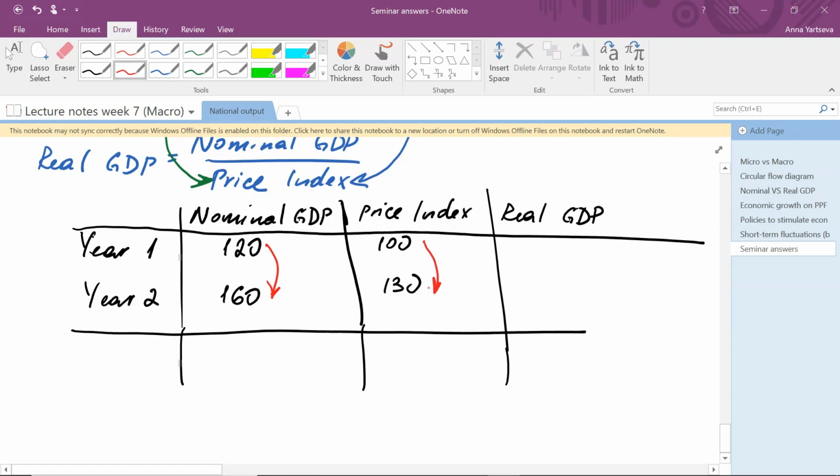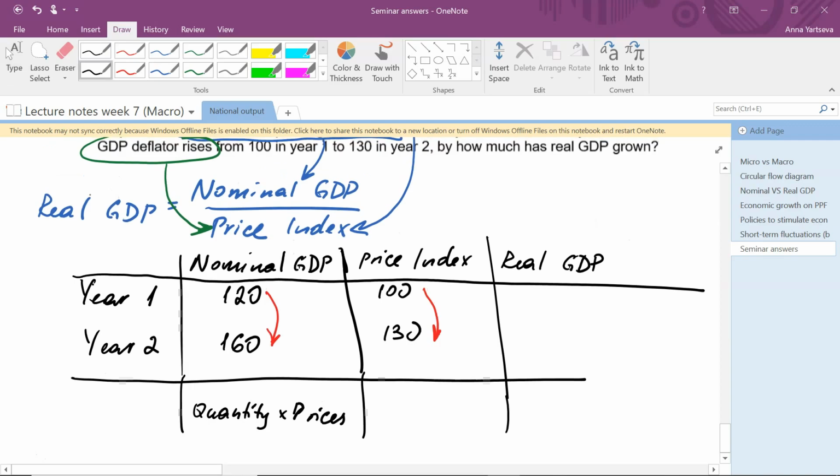What is value? Value is price times quantity. So nominal GDP includes quantity, the actual production level, times prices. And the value can increase due to an increase in quantity or prices. And we did experience an increase in the price index in reality. So let's try to get rid of this inflationary effect.